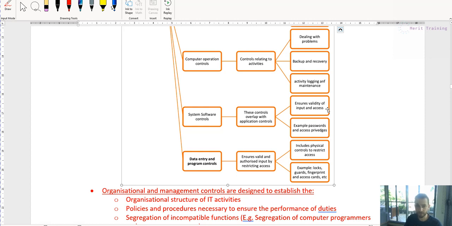That ensures we know it's a valid credit card. And then finally, data entry and program controls, which ensure valid and authorized input by restricting access. So this is like fingerprints and access cards, or physical controls, right? So only certain people can access certain restricted information or controls and things like that.